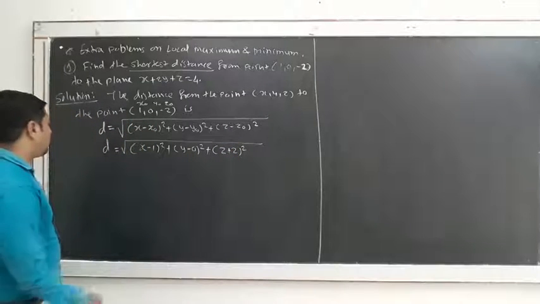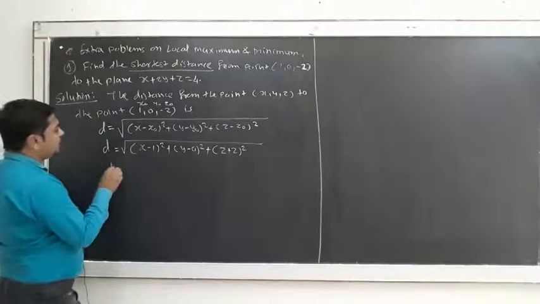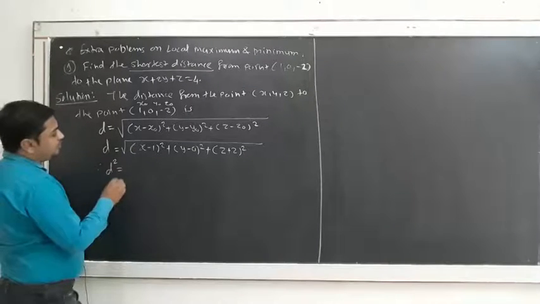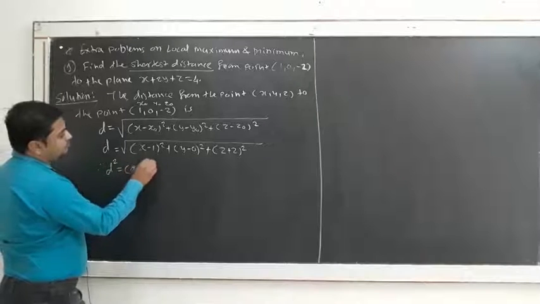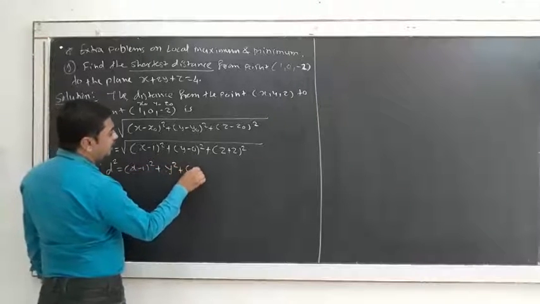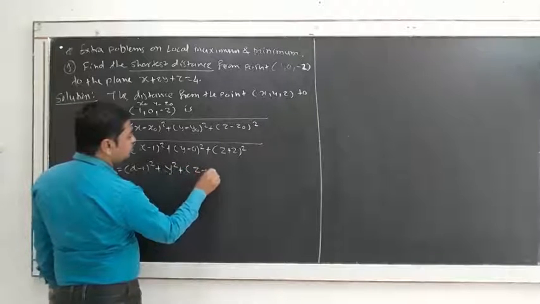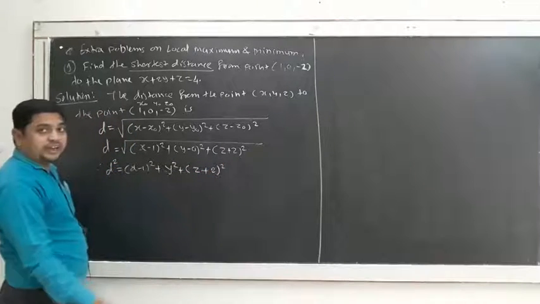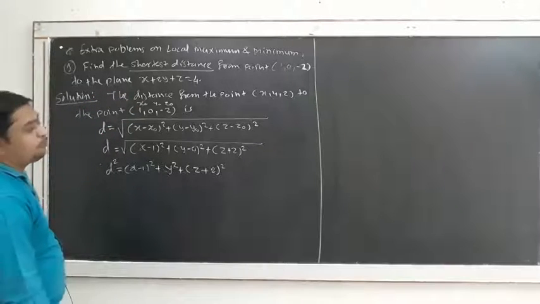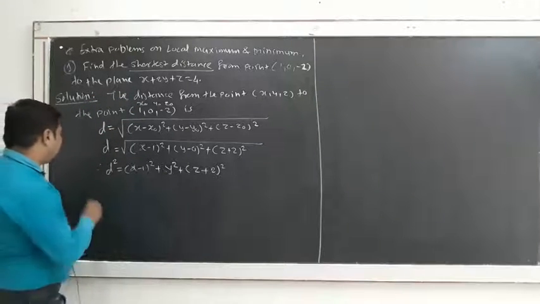And therefore what we are getting, what should be our D square? It is equal to (x - 1) square plus y square plus (z + 2) square. Okay, but one more thing we have been given, also a plane.